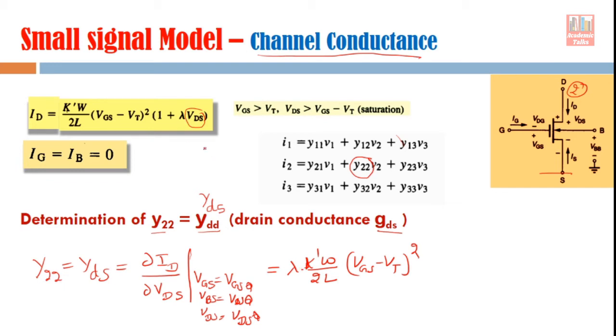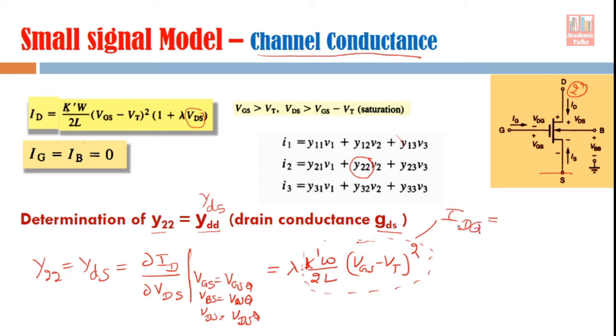So lambda will come here, and the derivative of VDS is 0. With this derivative, you see that all this part is actually your drain current IDQ.